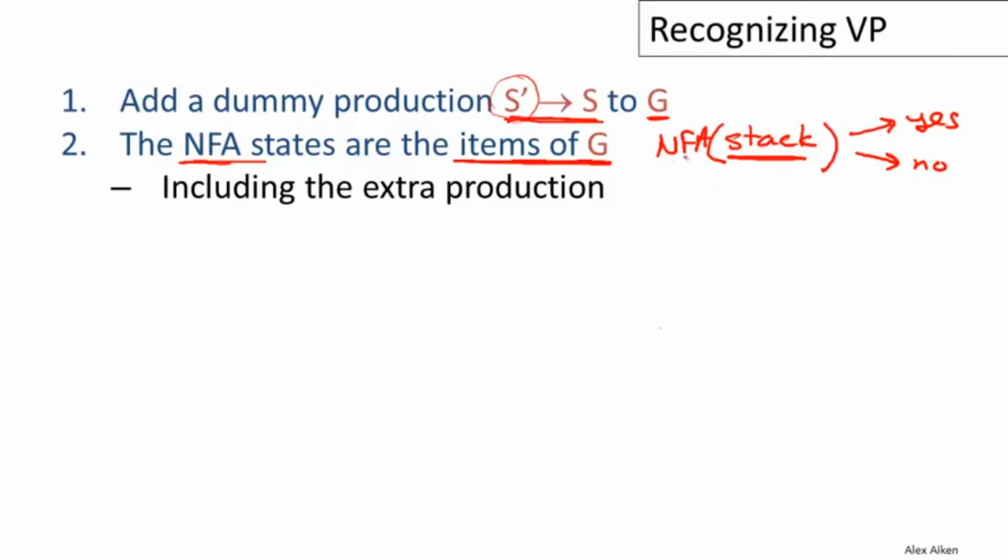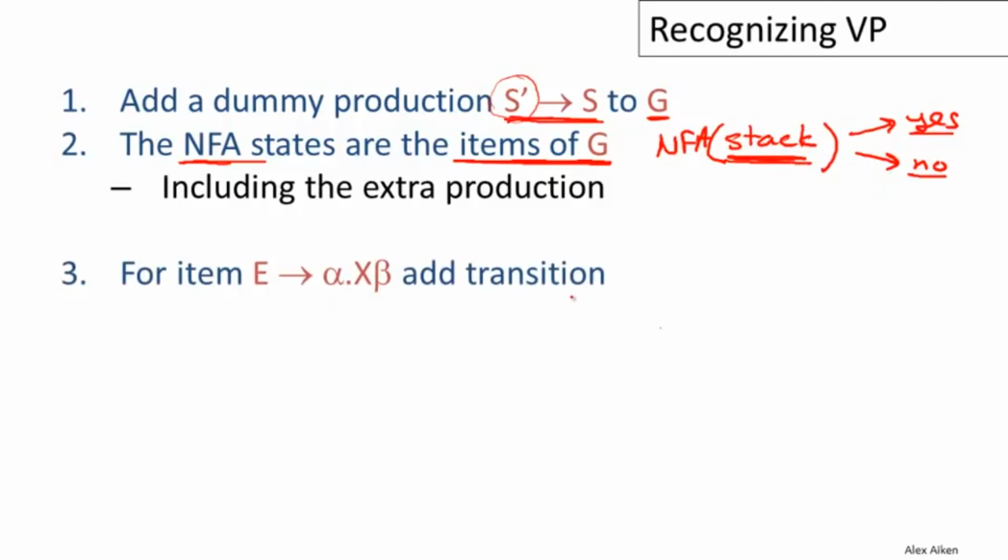And our goal here is to write a non-deterministic finite automaton that recognizes the valid stacks of the parser. So that's how we'll know that our parser hasn't encountered any parse errors, because this automaton that we're going to construct will always output either yes, this stack is okay, meaning it could wind up parsing the input, or no, what we've got on the stack now doesn't resemble any valid stack for any possible parse of any input string for this grammar.